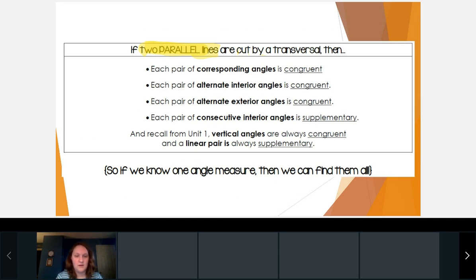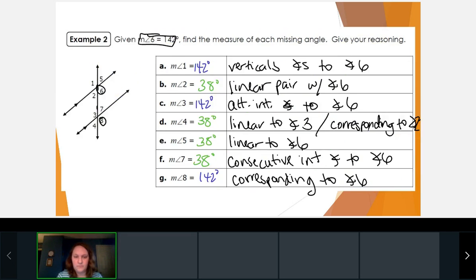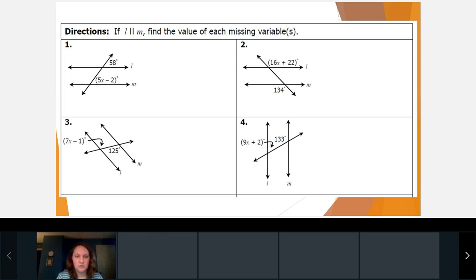These 4, they have to have parallel lines for this to be true. So that's why it says if L is parallel to M. As soon as they say that here, they're giving you the green light to use all of the relationships that we just talked about.